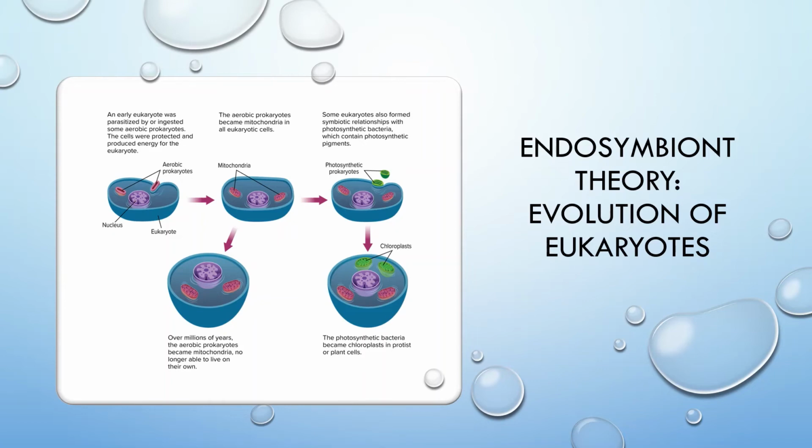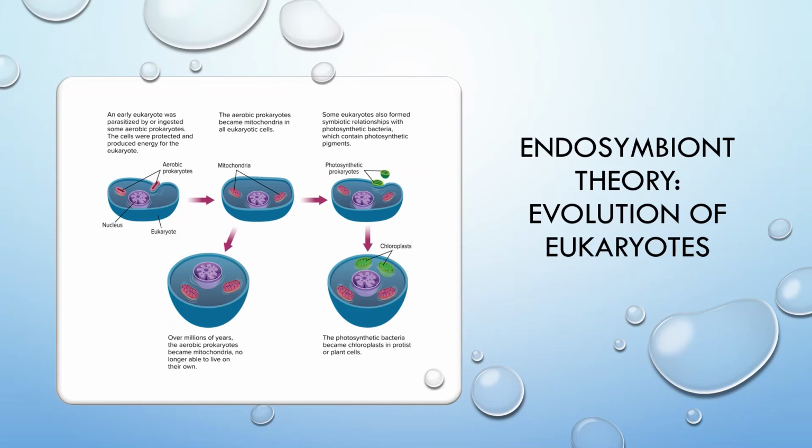The prokaryotes lived inside the larger pre-eukaryote cell to have the protection, and any extra food, nutrients, resources, energy that was produced by the prokaryotes living inside the pre-eukaryote cell, it got to feed off them.